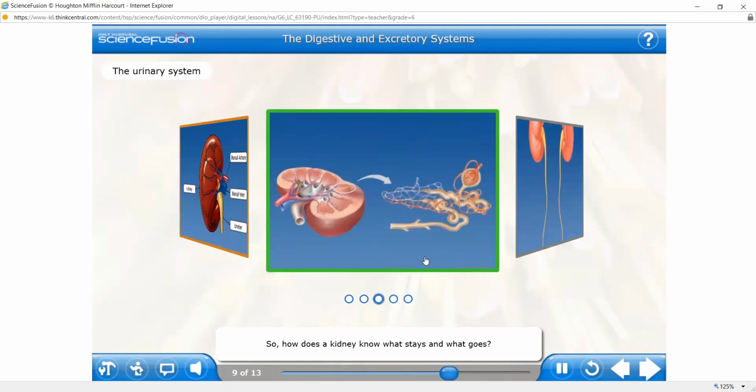So, how does a kidney know what stays and what goes? Inside each kidney are millions of tiny filtering units called nephrons. So good. Our kidney, what does it contain inside? We have millions of tiny nephrons. What is that called? Yes, Malak, what is inside our kidney?